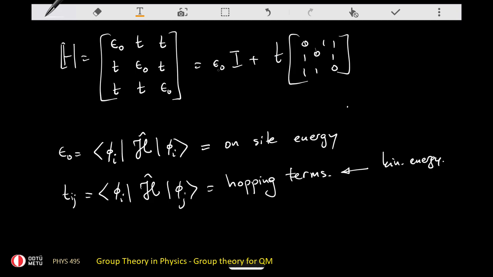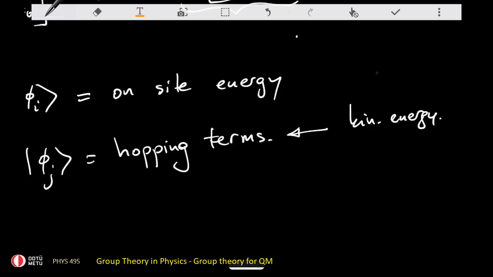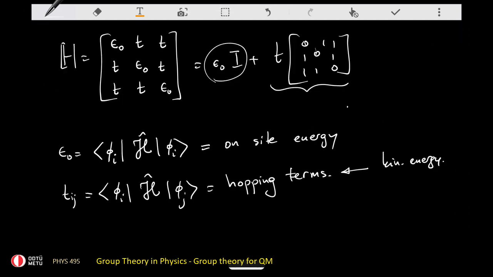As a result, the only relevant part in here is the eigenvalues of that part, and to those eigenvalues I'm just adding epsilon 0. So you're going to find that all of the eigenvalues contain an epsilon 0 plus t times something else.